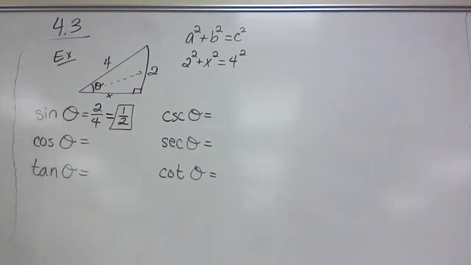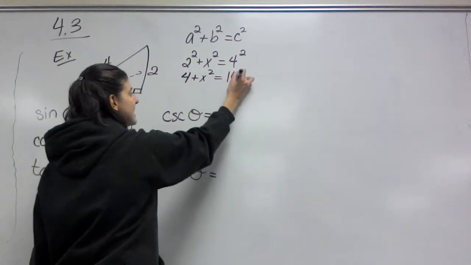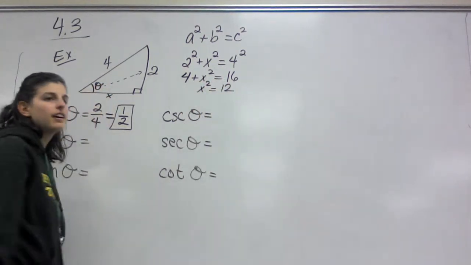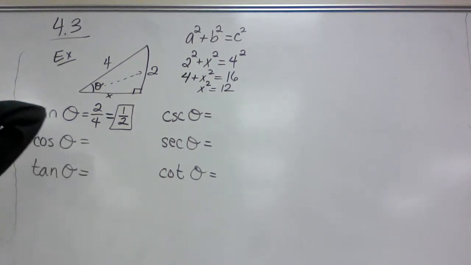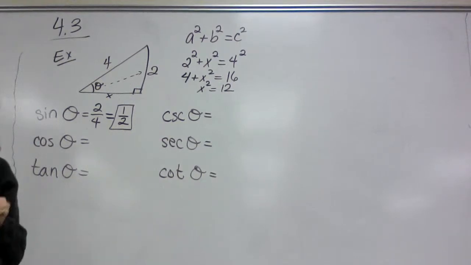Okay, A and B are always your shorter sides, and C is always your hypotenuse. So that gives me 4 plus x squared equals 16. So x squared equals 12. X equals the square root of 12, and I should probably simplify that. I would like the exact values, so do not come up with a decimal at this point.